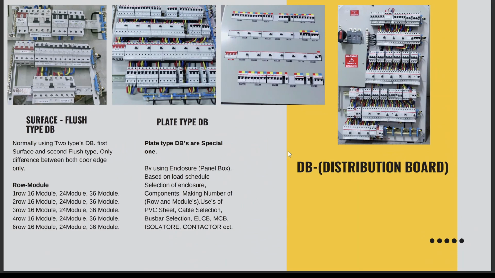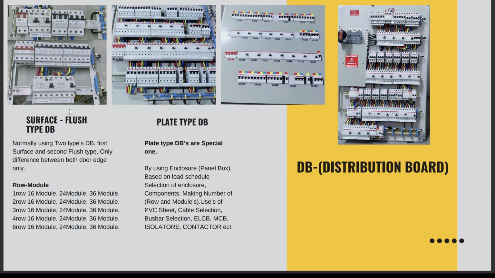Next, we will cover DBs. DB is a distribution board. Two types of DBs are available: surface type and flush type. The only difference between the two is the door edge.